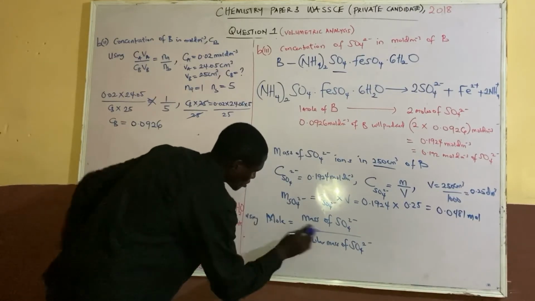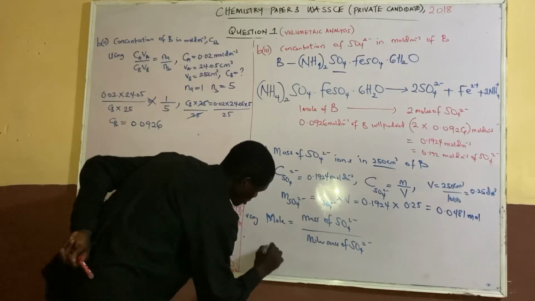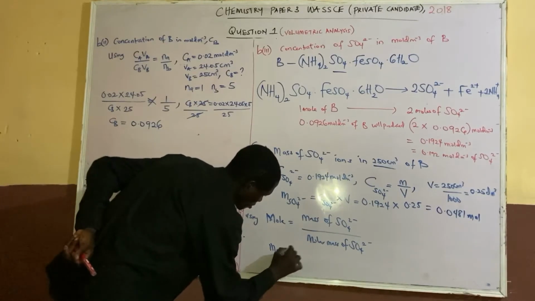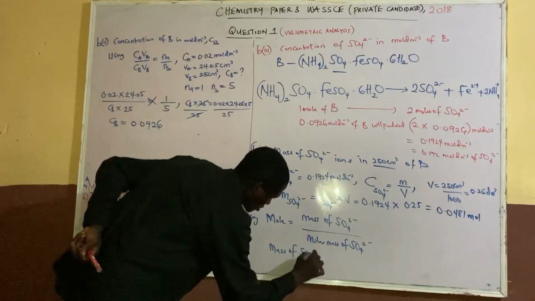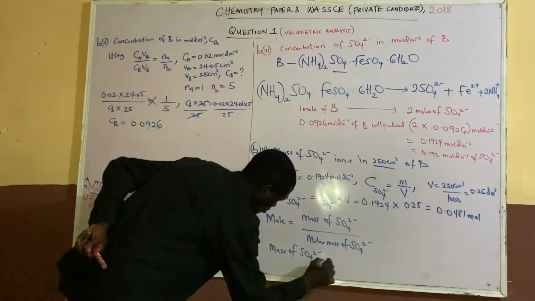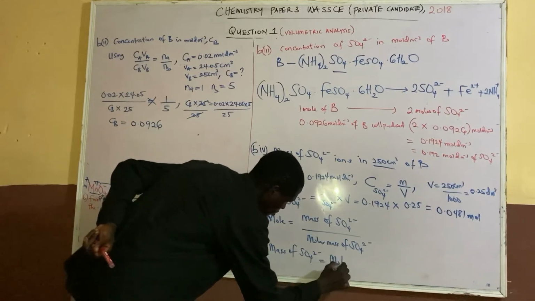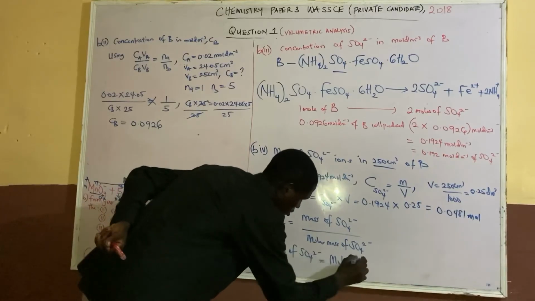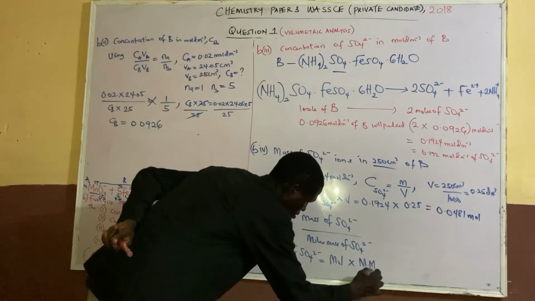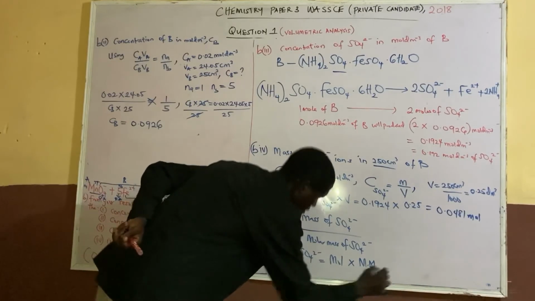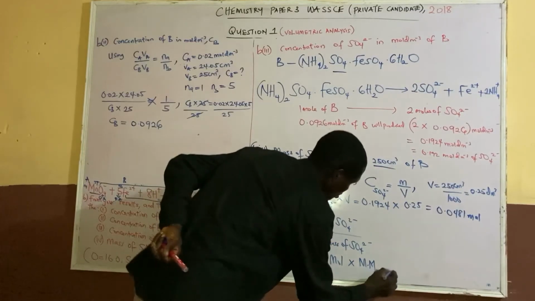So we can bring mass of SO4 2 minus to equal mole times molar mass of SO4 2 minus. Now, we need to calculate the molar mass.